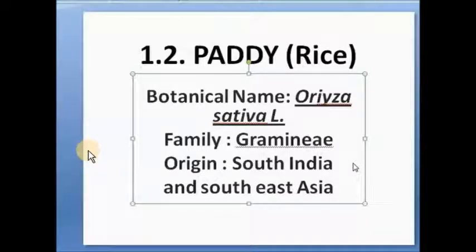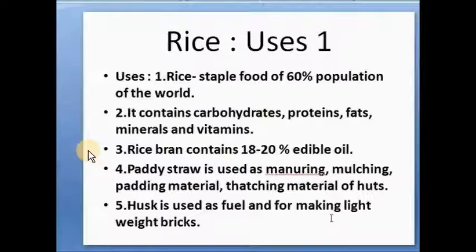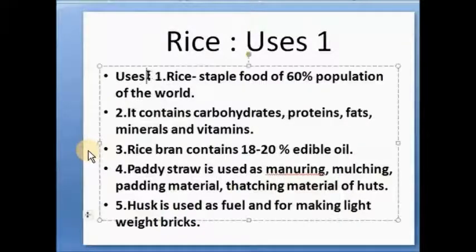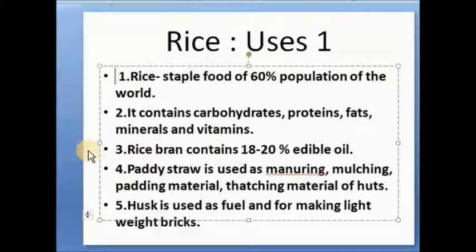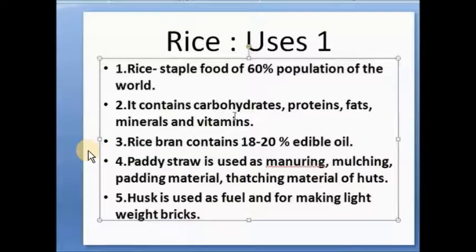Again, we shall see the details later on. But remember that the uses of rice are in multiple numbers. There are thousands of uses, but the most important use is that rice is used as a staple food by more than 60% of the population all over the world.